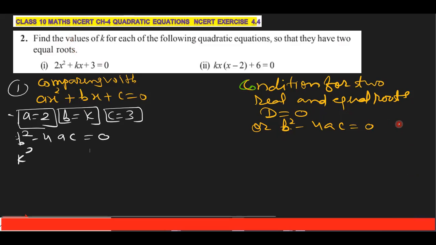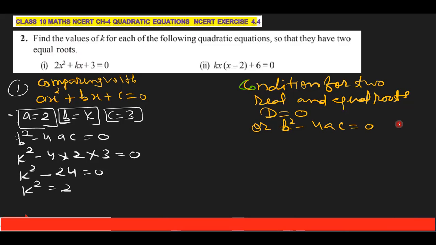So that is k square minus 4 into 2 into 3 should be equal to 0. So k square minus 24 should be equal to 0. It means we can write k square is equal to 24, or taking the square root both sides we can write k is plus minus root 24.